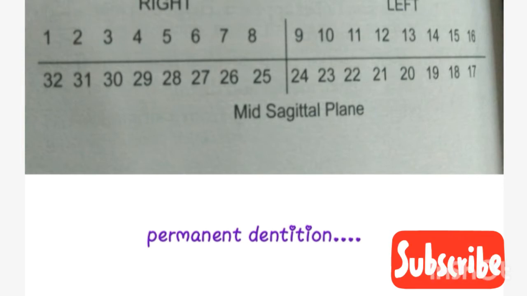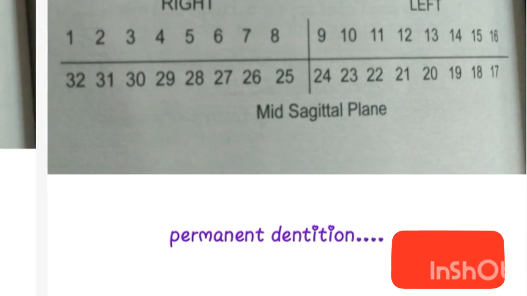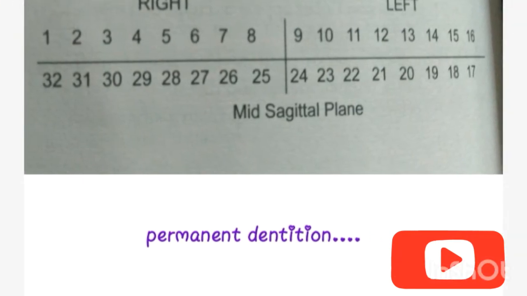Numbering of the teeth starts from the posterior-most tooth in the upper right quadrant. For example, the right maxillary third molar is denoted by 1. You are seeing this number 1.